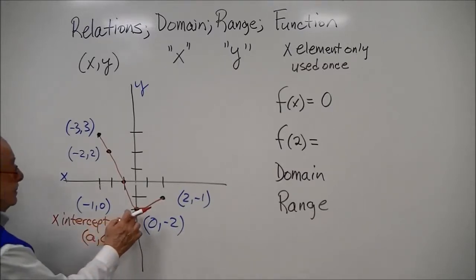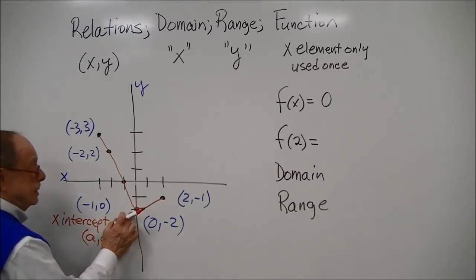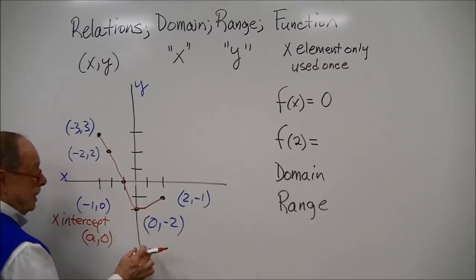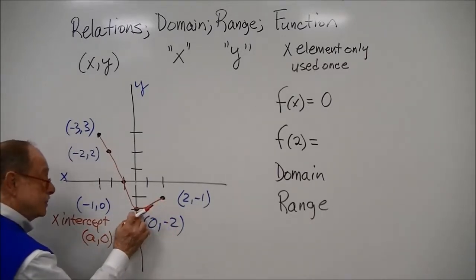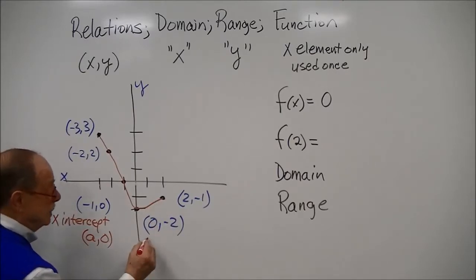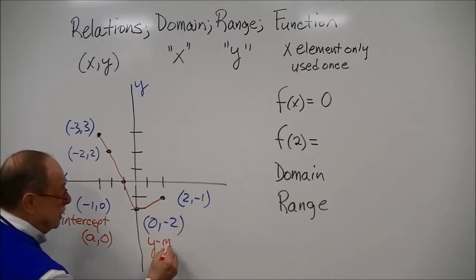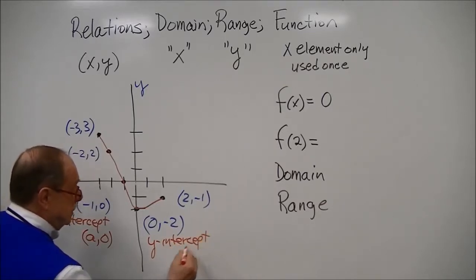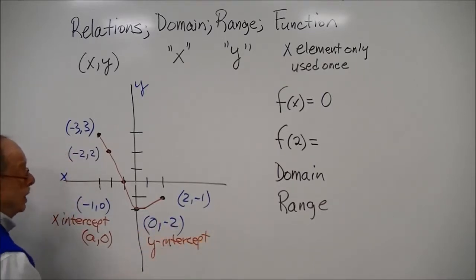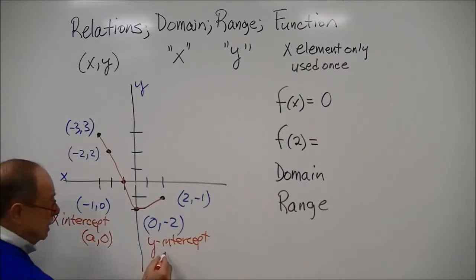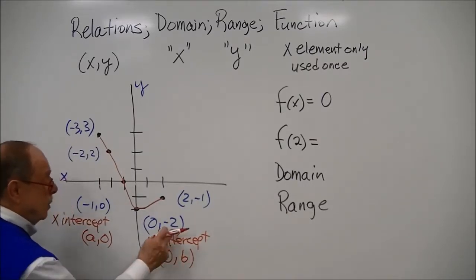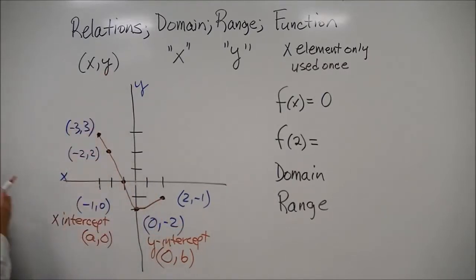And in this case, we see the line crossing the y-axis, and this point here is the y-intercept. The official way to write the y-intercept is 0, b, where b is your y value.